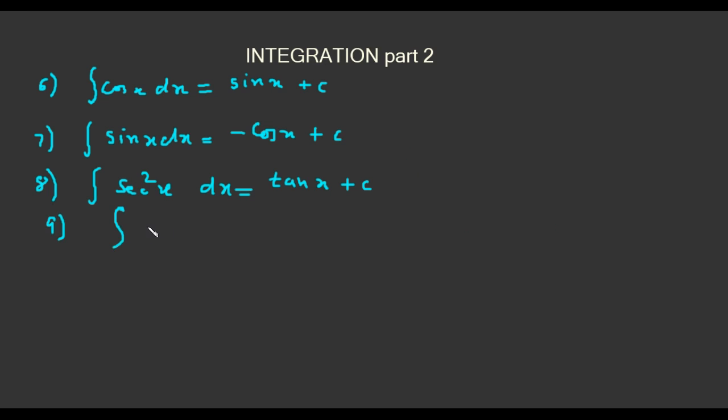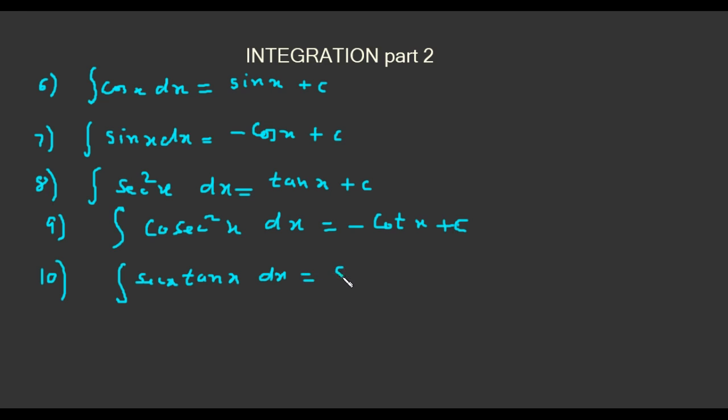Now integration of cosec square x with respect to x is minus cot x, and integration of sec x tan x with respect to x is sec x plus c, and integration of cosec x cot x with respect to x is minus cosec x.